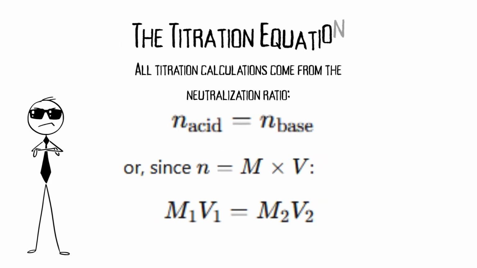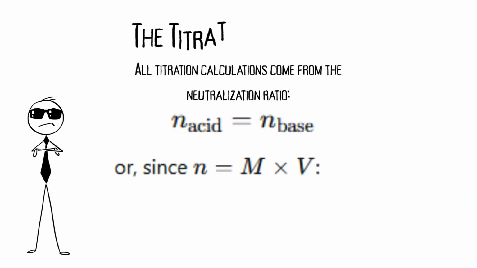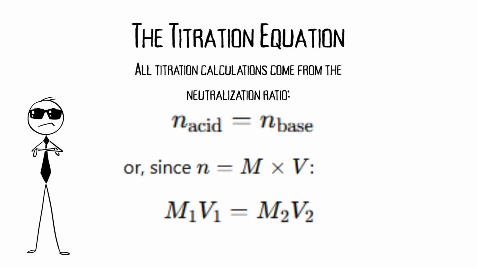Now, for the math, all titration calculations rely on the fact that at the equivalence point, the moles of acid equal the moles of base, since moles are molarity multiplied by volume. For a 1-1 reaction, the shorthand equation is M1V1 equals M2V2. This is the equation we manipulate to find the unknown concentration or molarity of the analyte.